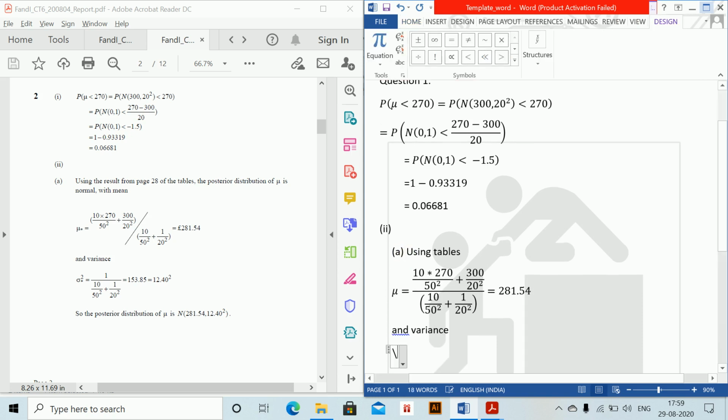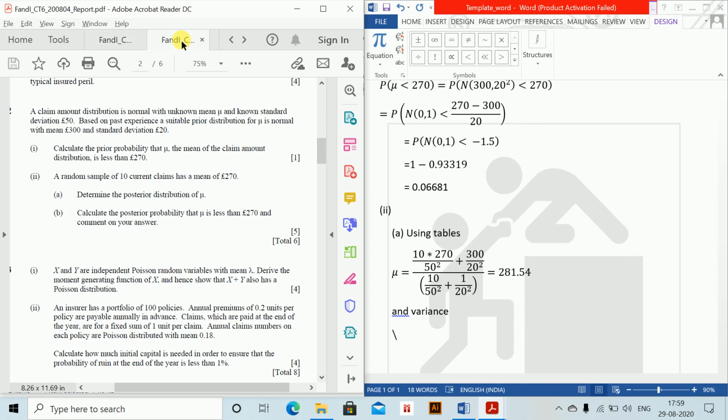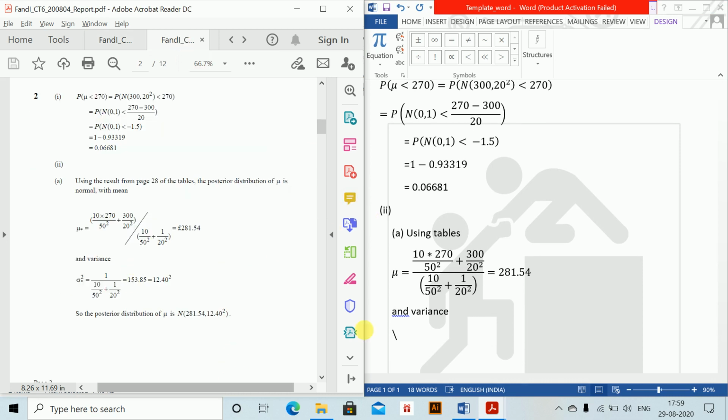variance sigma square is equal to 1 by (10 by 50 square plus 1 by 20 square), which is equal to 153.85.